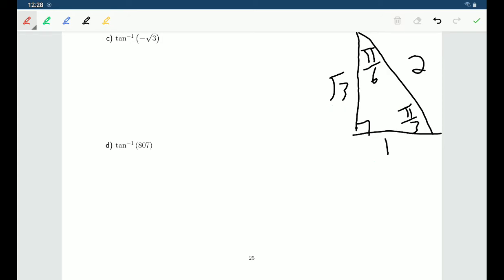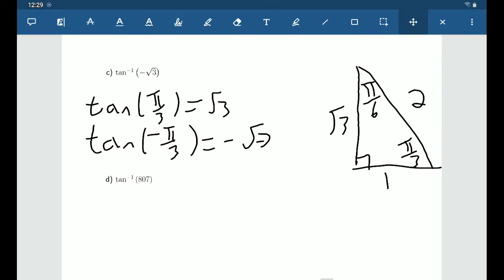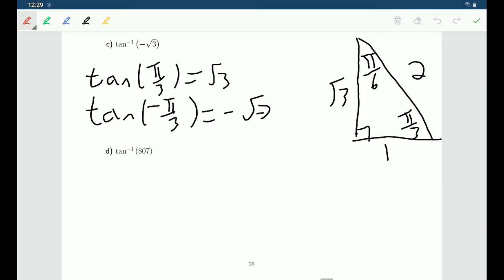So we know then that tangent of pi over 3 is root 3, but that's not what we want. We want negative root 3, but we know the equivalent angle in quadrant 4 would be negative pi over 3, that would give us a value of negative root 3 for tangent. So since tangent of negative pi over 3 is negative root 3, that means tangent inverse of negative root 3 is negative pi over 3.